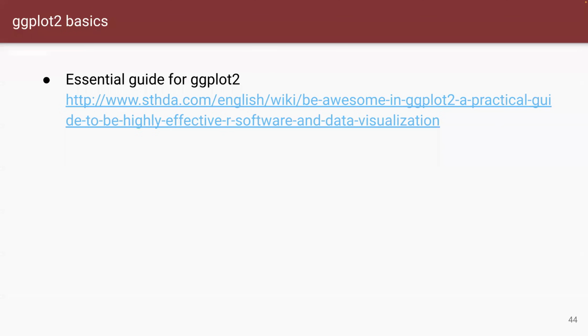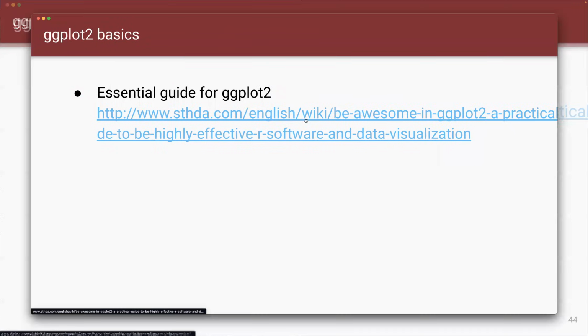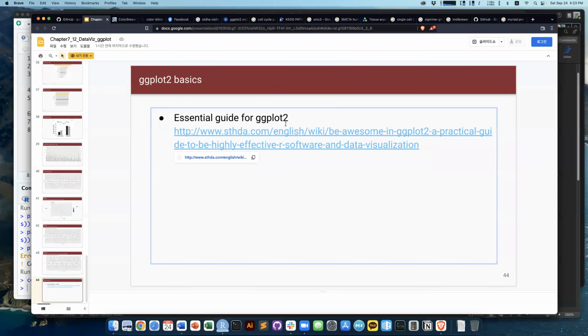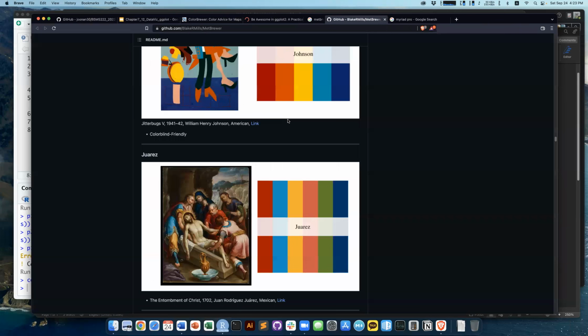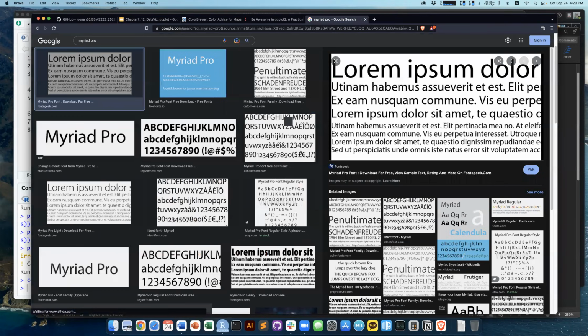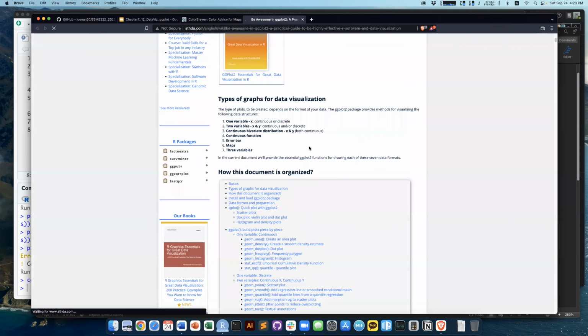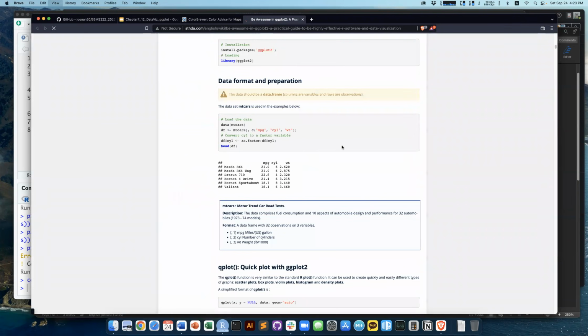Okay. So let's look at some basic usage for ggplot. You can follow the textbook, or you can go to this link at STHDA, which is the easiest resource for visualizations.